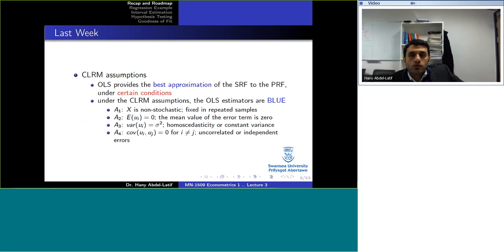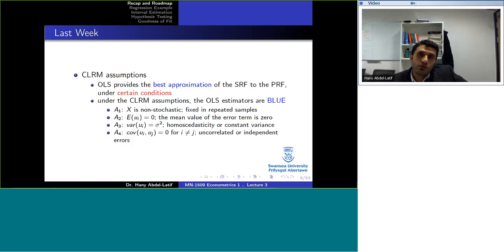We also covered a number of the assumptions for the classical linear regression model, and we said that the OLS provides the best approximation of the sample regression function to the population regression function under certain conditions, and those conditions make the OLS estimator BLUE.